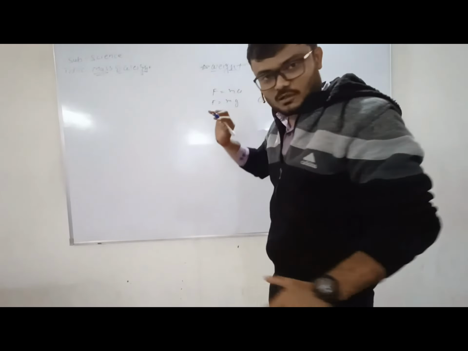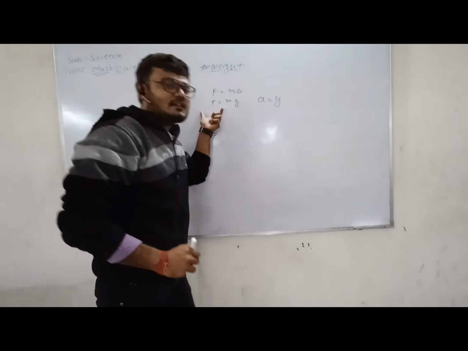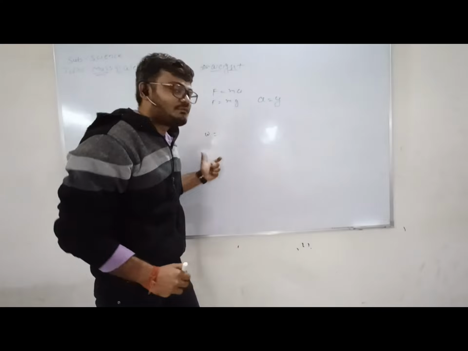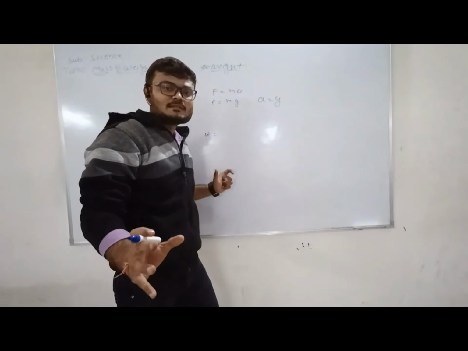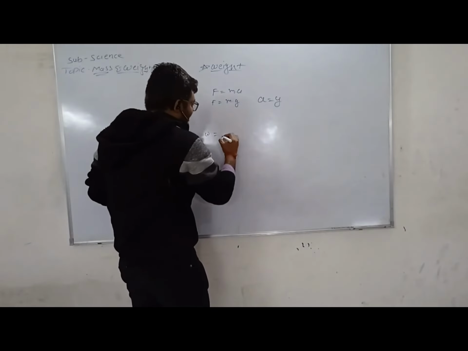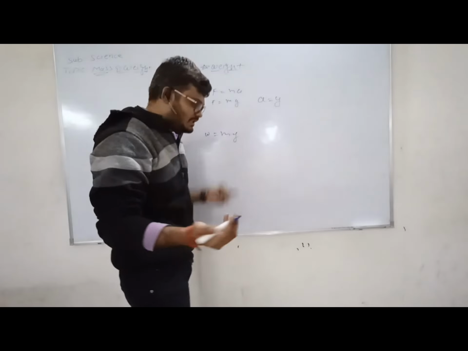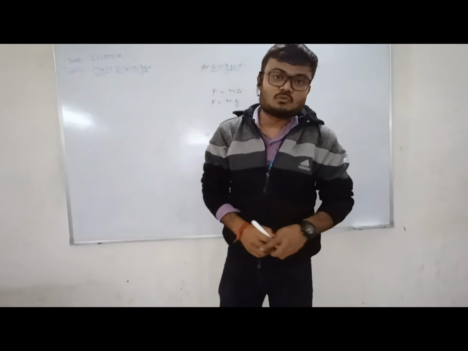W represents the weight of any object. So यहाँ पे मैं लिख सकता हूँ, I am replacing F with W because it is also the force of earth on the object. So it becomes W equal to m into g.